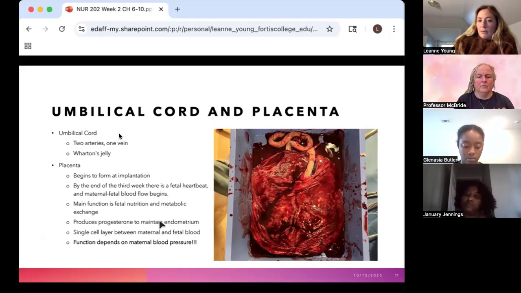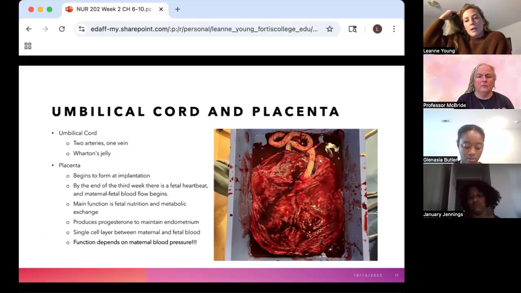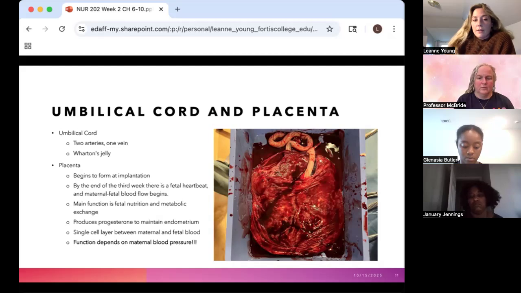So if a mom has high blood pressure or any type of blood pressure issues, placental function is going to decline pretty rapidly. So that's why we're watching mom's blood pressure very closely during pregnancies, before and after pregnancy, because blood pressure has a huge impact on maternal fetal blood circulation and placental viability and overall just the function of your placenta.